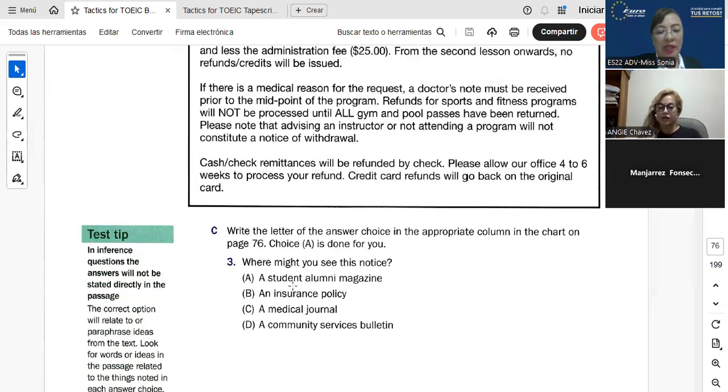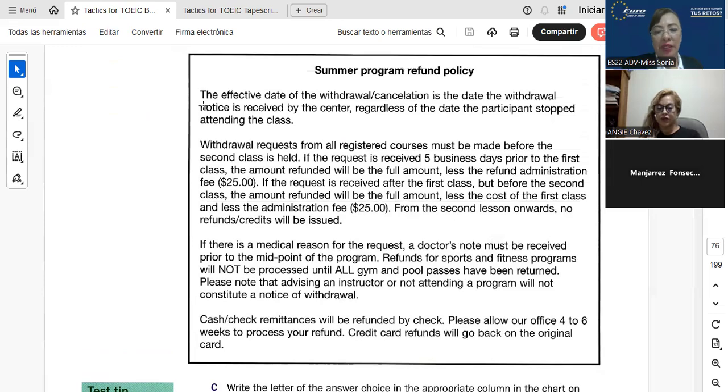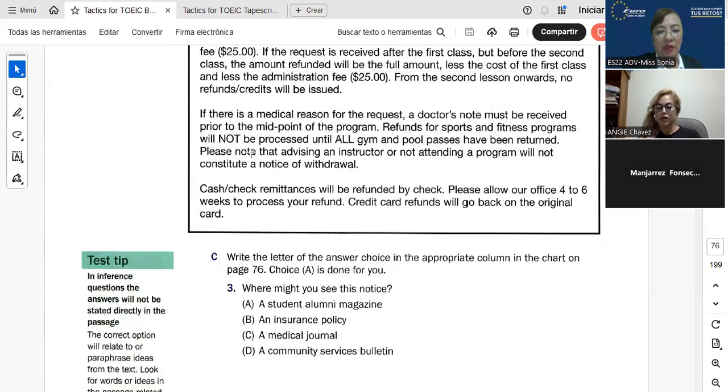Okay, so in that case, where might you see this notice, guys? Remember, text type is important. Where might you see this kind of text? A community service bulletin. The community service bulletin. Why?